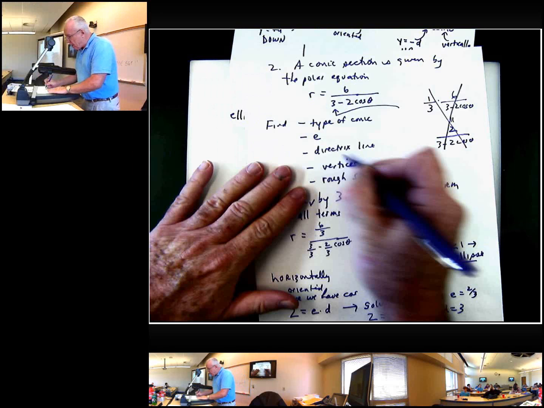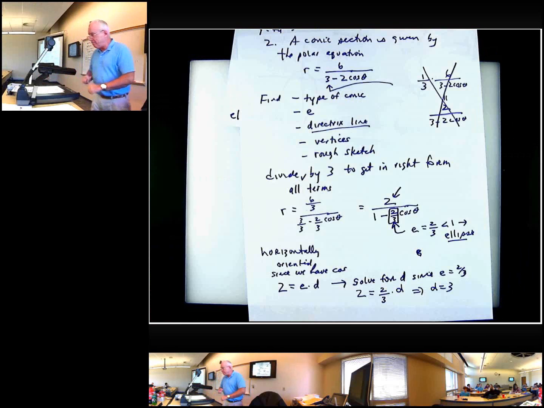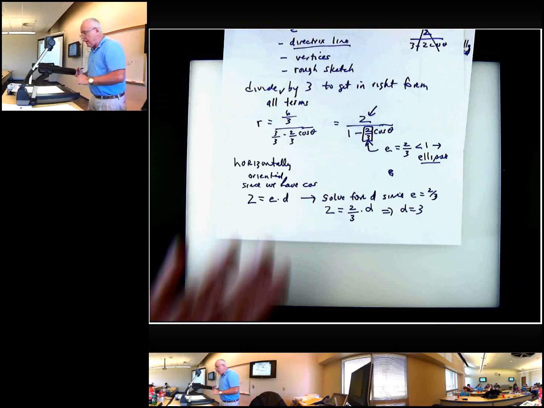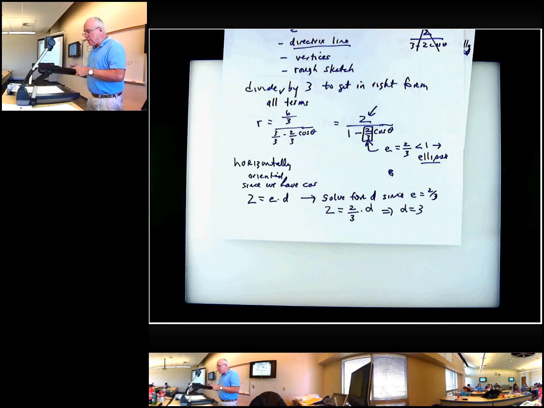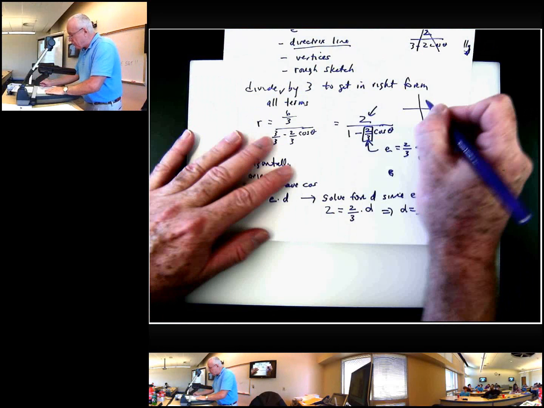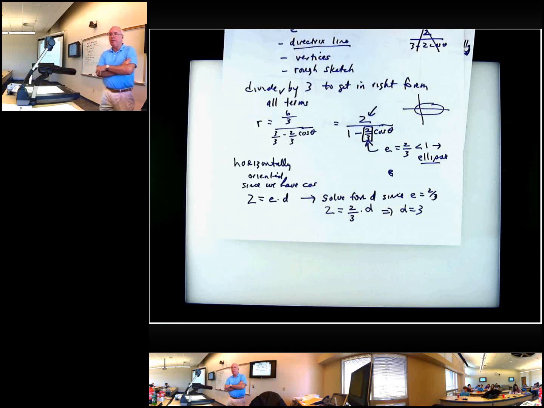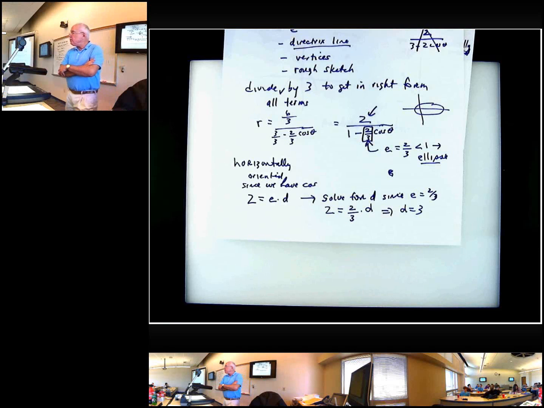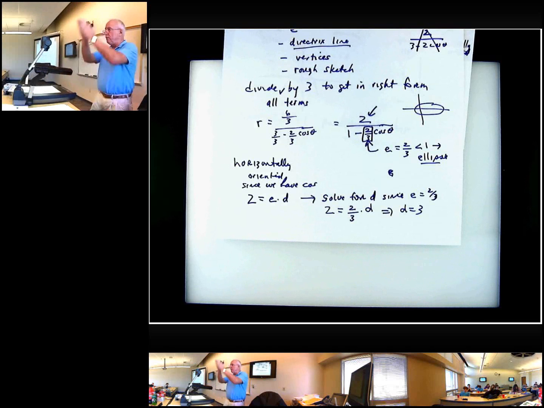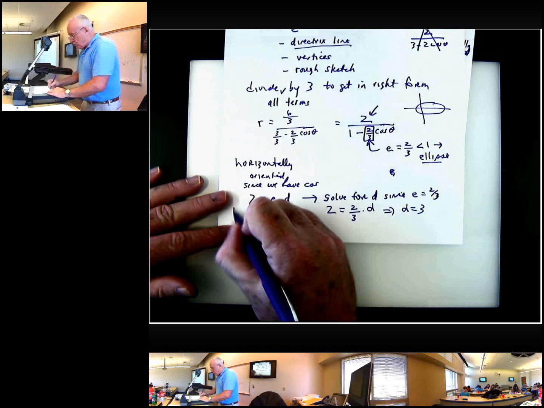Now, we want to figure out the directrix line equation. This is a horizontally oriented ellipse. Is our directrix going to be y equals something or x equals something? It's going to be x equals something because the ellipse is going horizontally. The directrix is going to be a vertical line.